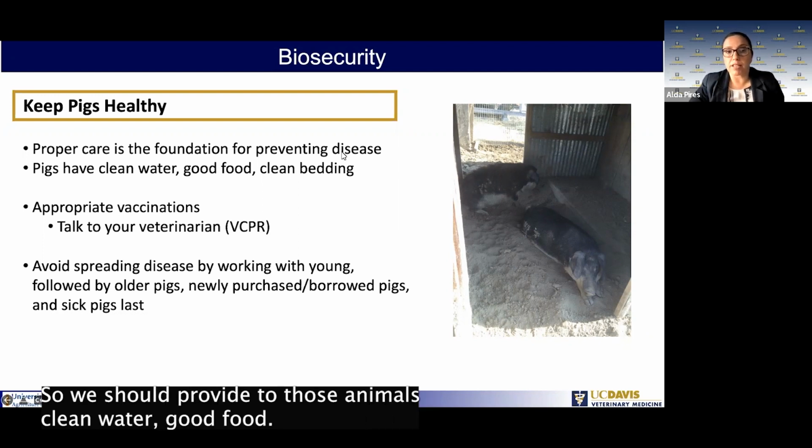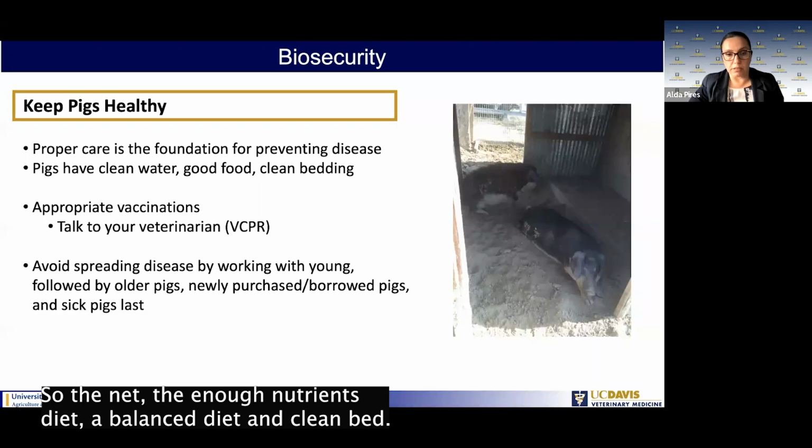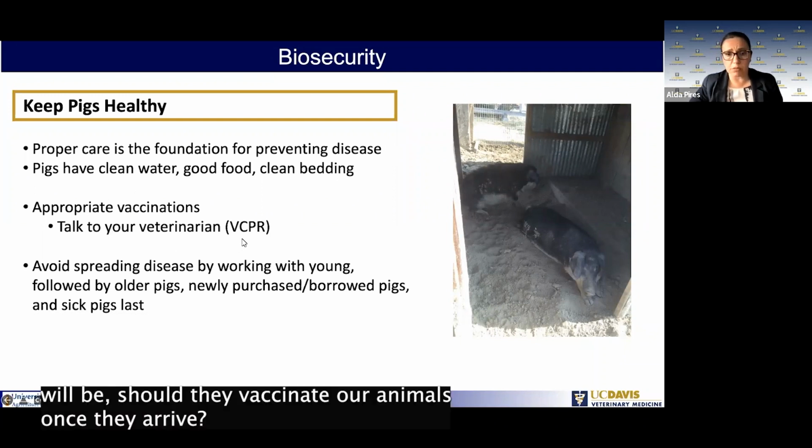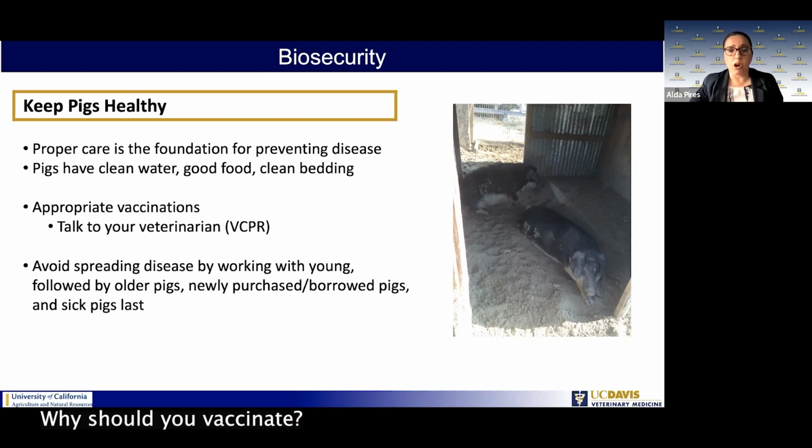So we should provide those animals clean water, good food with enough nutrients, a balanced diet, and clean bedding. And another question will be, should we vaccinate our animals once they arrive, and against what?